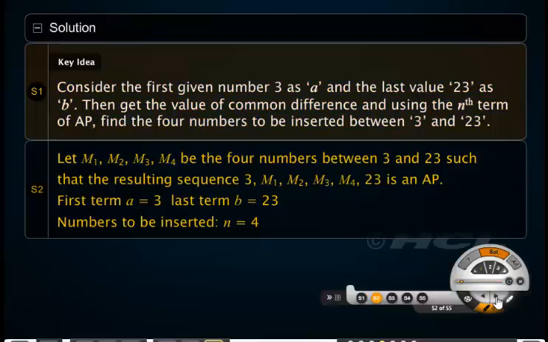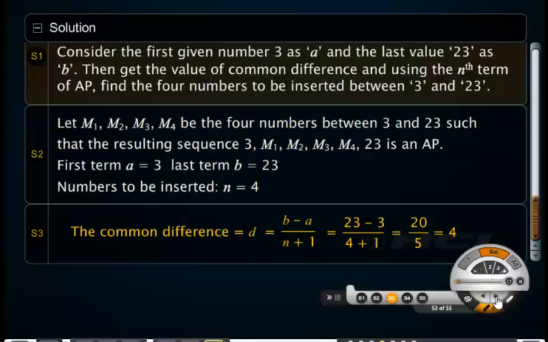Let M1, M2, M3, M4 be the 4 numbers between 3 and 23 such that the resulting sequence is an AP with A equals 3, B equals 23 and n equals 4. Find the common difference using the formula D equals (B minus A) over (n plus 1).